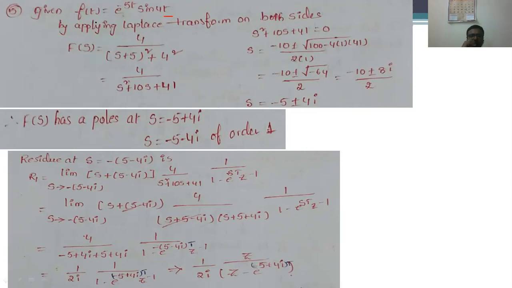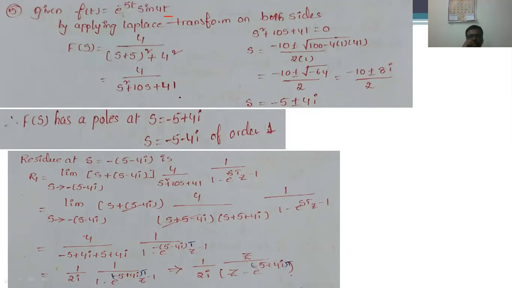So in order to convert f of t into f of s, we have to apply the Laplace transform. We get the Laplace transform of the function e power minus 5t into sine 4t, that is f of s is equal to 4 divided by s plus 5 whole square plus 4 square, which is nothing but 4 divided by s square plus 10s plus 41.